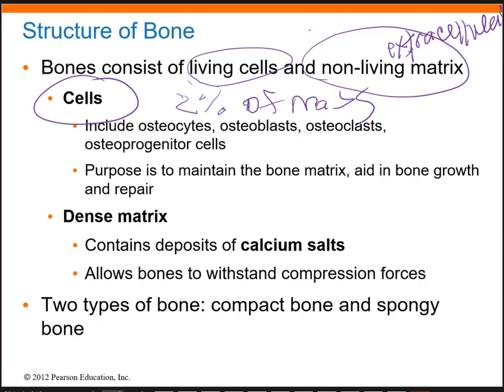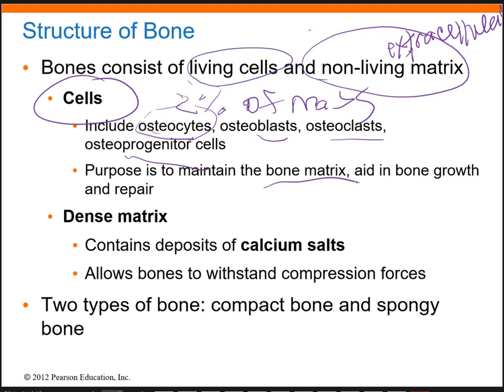The types of cells that we see present in the bone include osteocytes. These are the main cells. And then osteoblasts, osteoclasts, and osteoprogenitor cells. In general, the purpose of these cells is to maintain the bone matrix. So they're the ones that keep up with the bone matrix and keep the bone matrix strong.